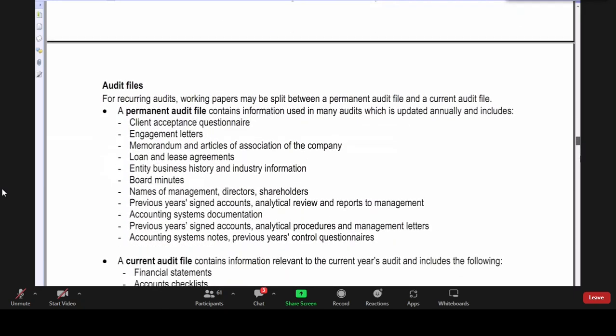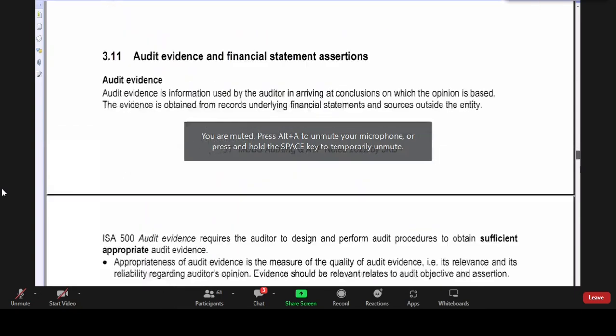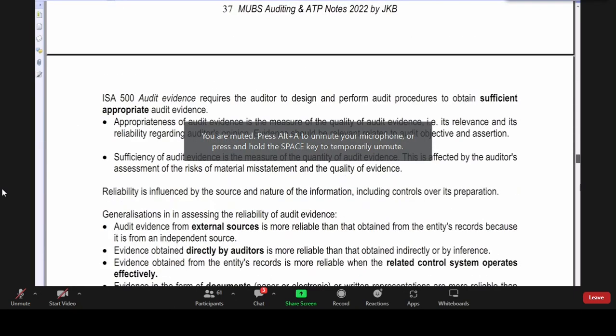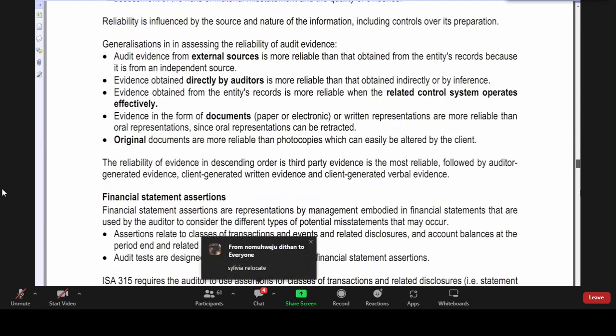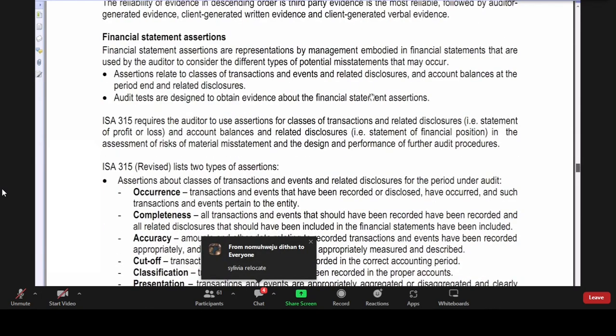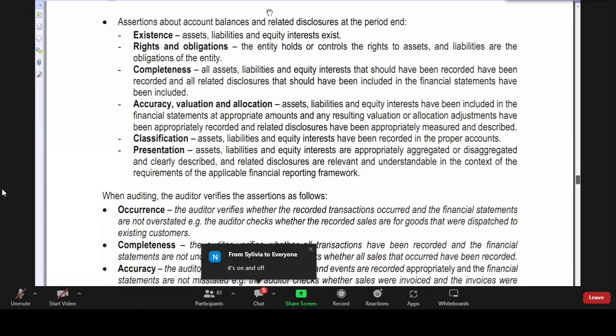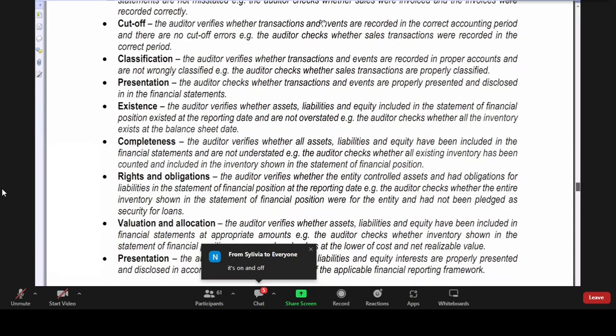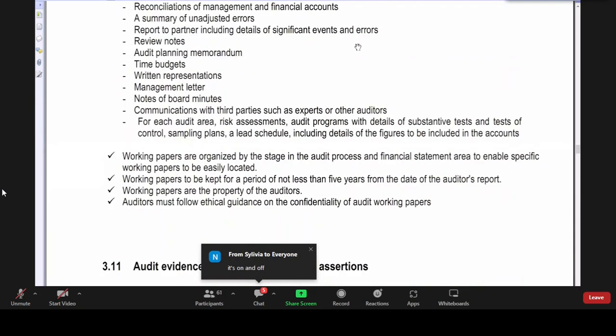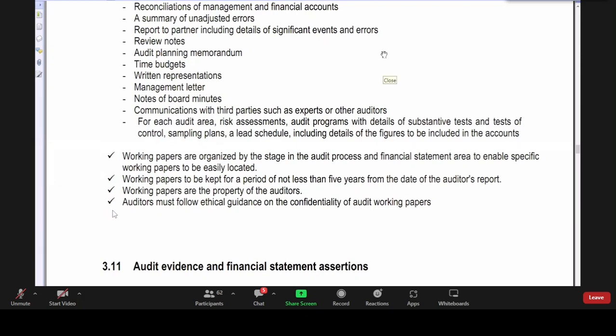I think we use different substantive procedures for testing inventory and sales.